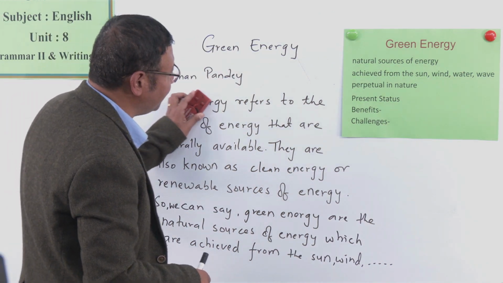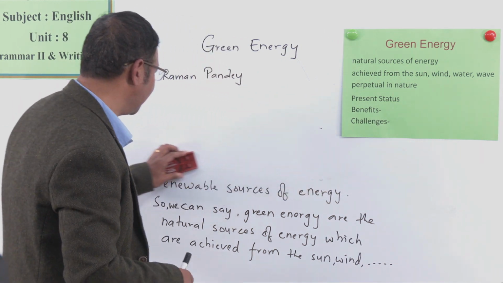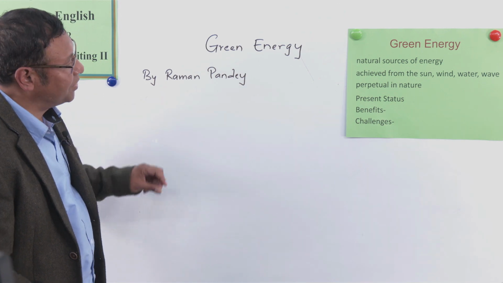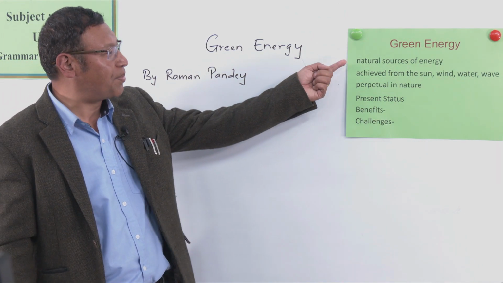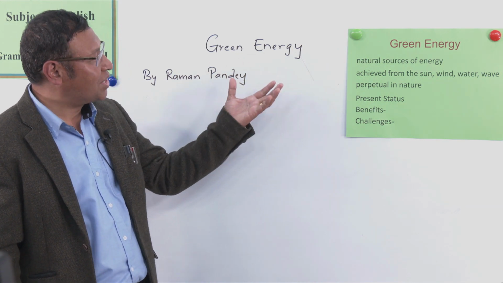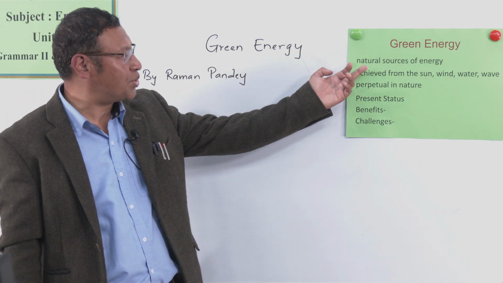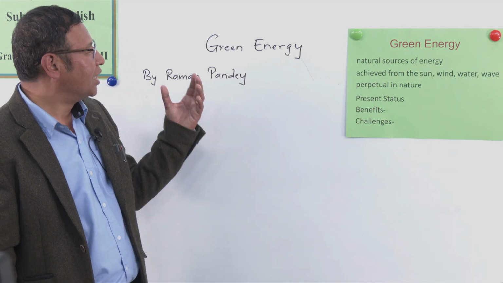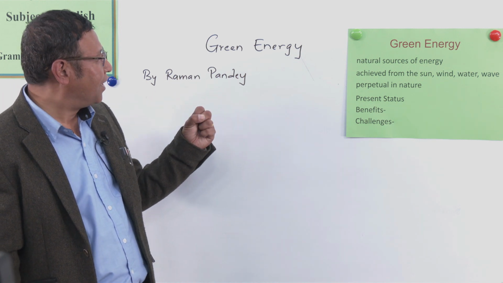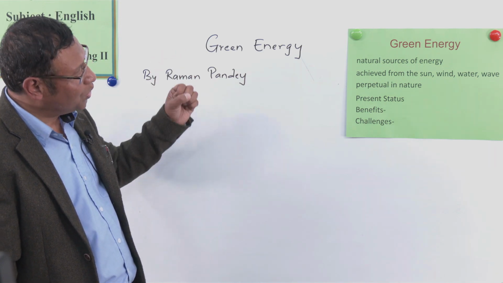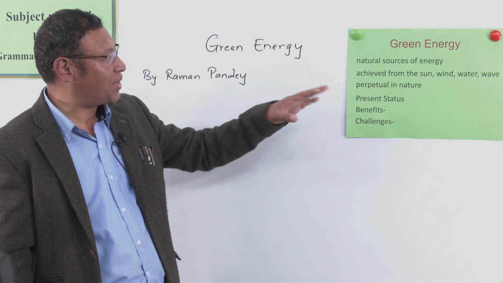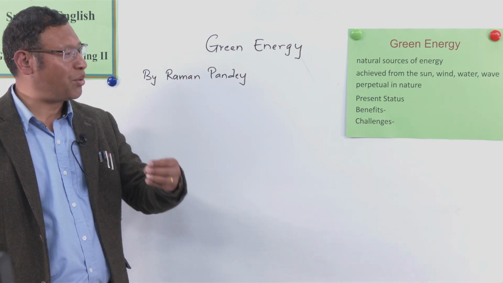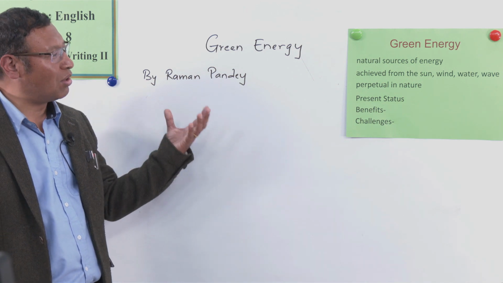You can also say green energy are the natural sources of energy, therefore they are achieved from the sun, wind, water, wave, etc. You can also continue: since the sun is a natural source, wind is a natural source, water is a natural source, and they are all the time available in nature.